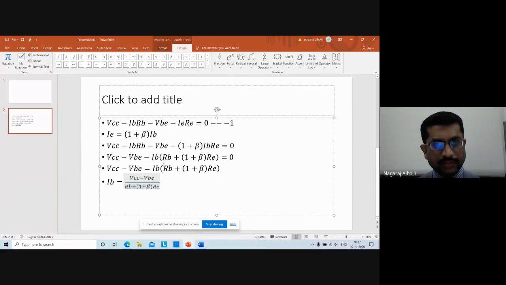So this is the equation for the base current IB.